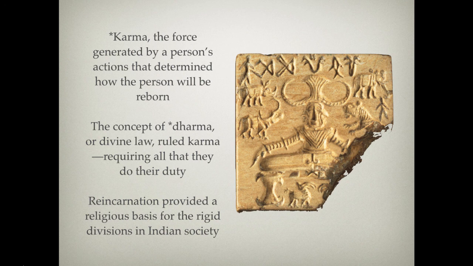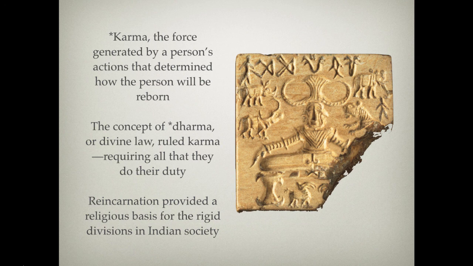And the concept of dharma, or divine law, is really connected to where one's caste is, and requires all that they do for their duty in that caste. For example, if I'm a farmer, then I need to be the best farmer I can possibly be, because dharma, or divine law, demands that I live as the best farmer.